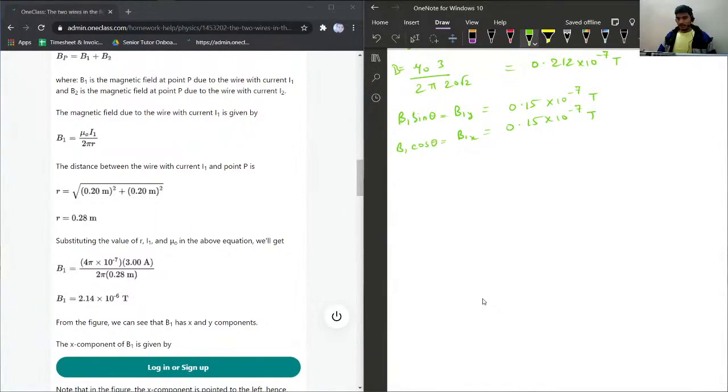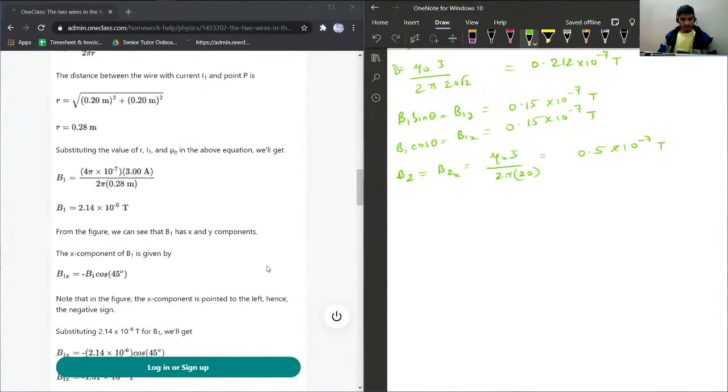And for the magnetic field due to this second wire, we have B2, which will be in X direction. So this will be again mu naught 5 over 2 pi, and this will be 20 only. So this will be 10 over 20. So 10 over 20 will be 0.5 into 10 power minus 7 Tesla.